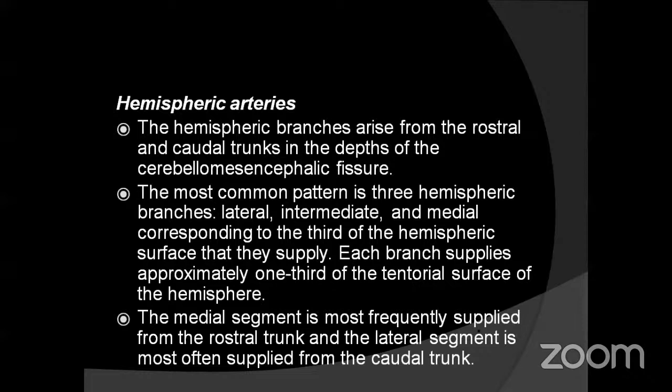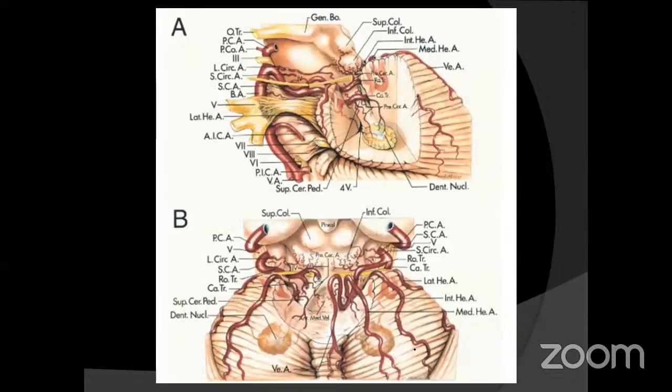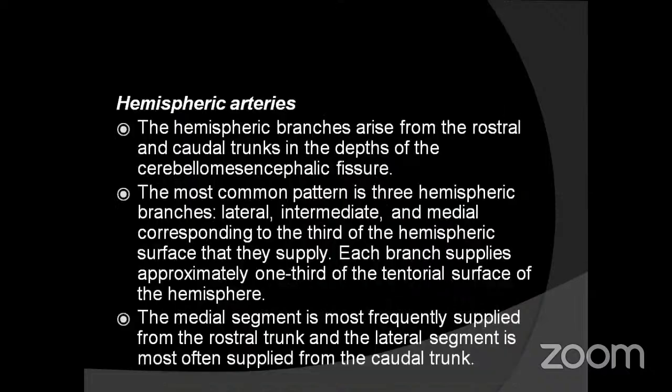And the medial segment is most frequently supplied from the rostral trunk, and the lateral segment is most often supplied from the caudal trunk. This is what we discussed previously as well. So the intermediate hemispheric artery and the lateral hemispheric artery are going to be arising from the caudal trunk.